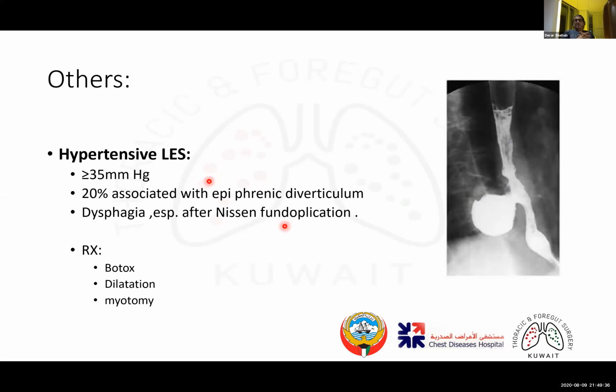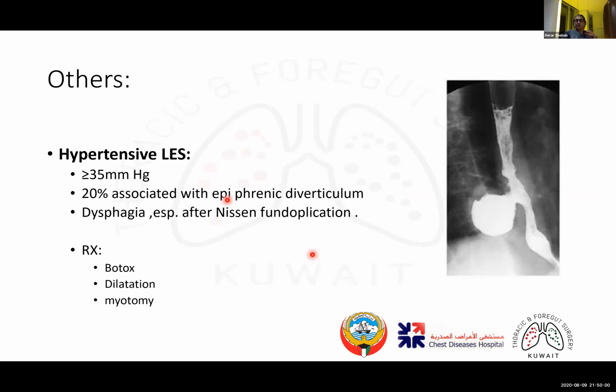Last thing in the motility disorders is something called hypertensive LES. In hypertensive LES, the pressure in the lower esophageal sphincter is more than 35 mercury. And this condition is like 20% associated with epiphrenic diverticulum.